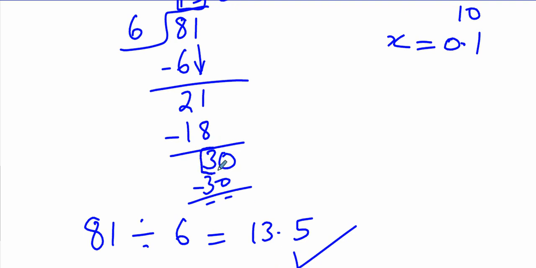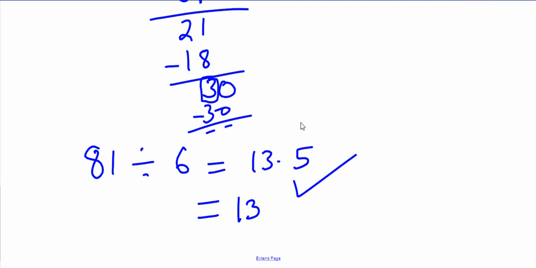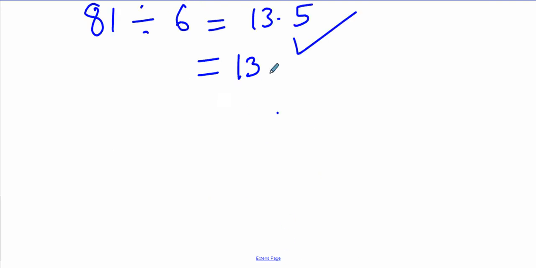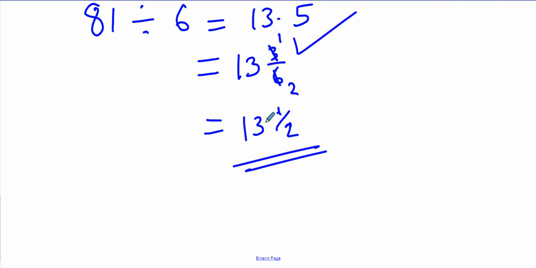So 13, 3 over 6. But still, this can be simplified by 3: 1 over 2. So the answer is 13 and a half. See that? It is a mixed number.